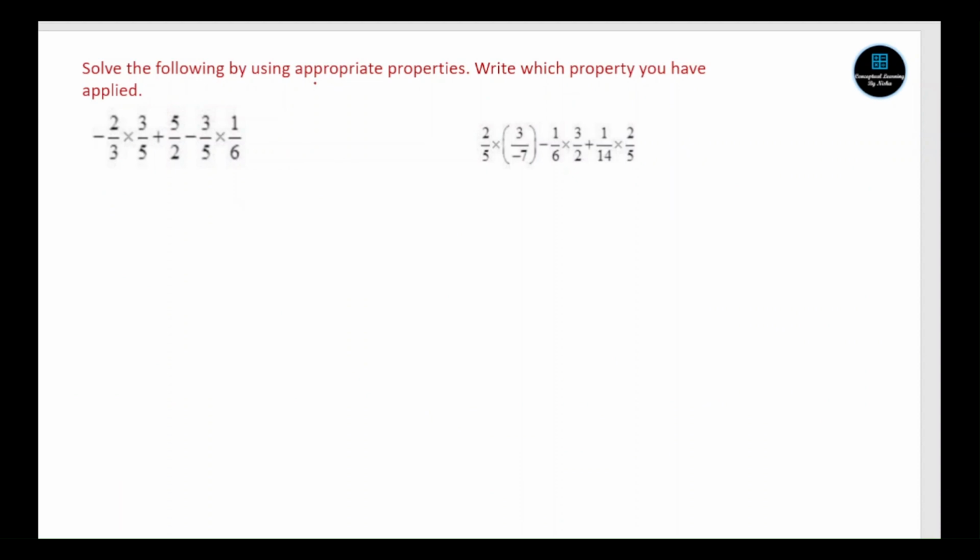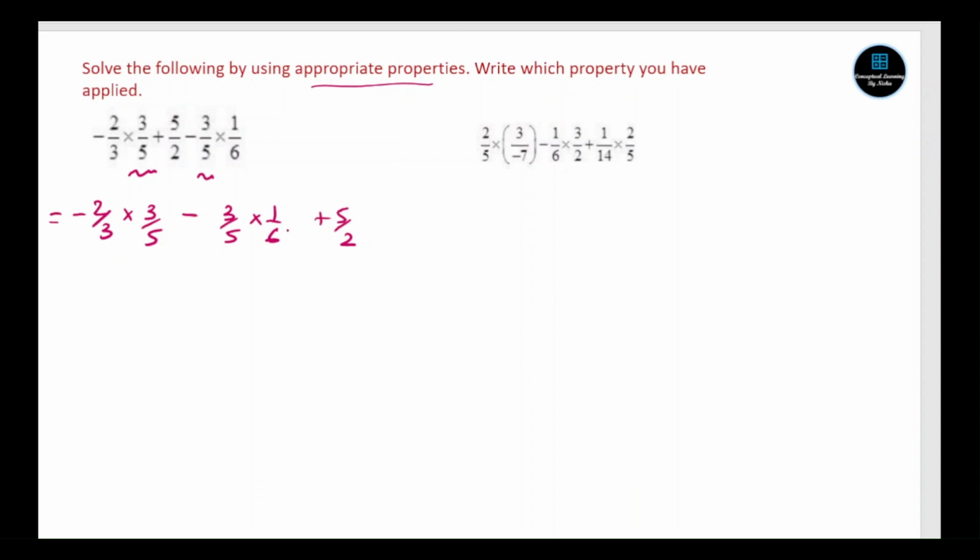Alright. Now we have to solve this by using appropriate properties, and we have to mention which property we are using. Let's observe the numbers. I can see 3/5 and 3/5 here. So what I'll do, I'll just write them first. Negative 2/3 into 3/5 minus 3/5 into 1/6 plus 5/2.